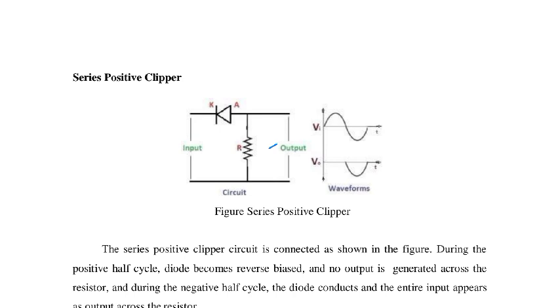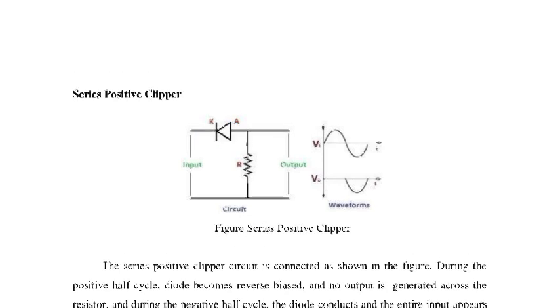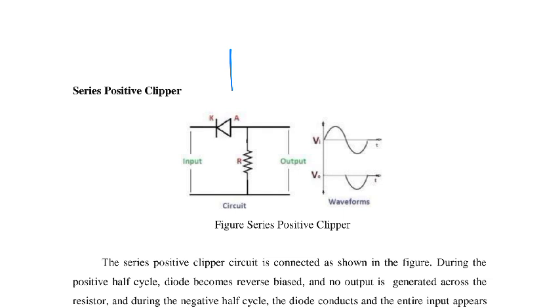In the previous circuit, the diode position was like this, but right now the diode position has changed. This diode becomes like this, meaning the diode cathode is connected to the output. In the previous circuit, the diode anode is connected to the output side, but in the negative series clamper, the diode cathode is connected to the output side.